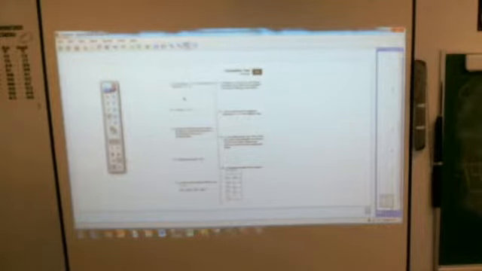Number 13, 9.3 times 10 to the 7th. 14 is the letter C. 15 is 9. 16, T equals 10. 17 is 7/12. 18 is 26.